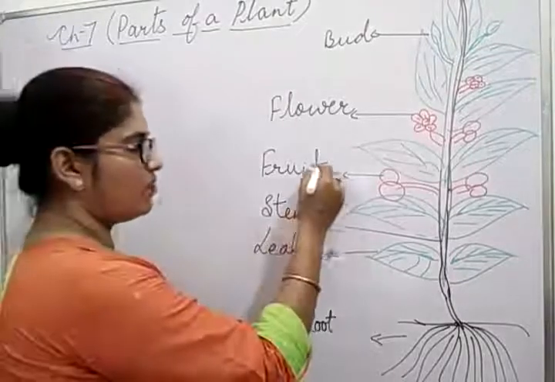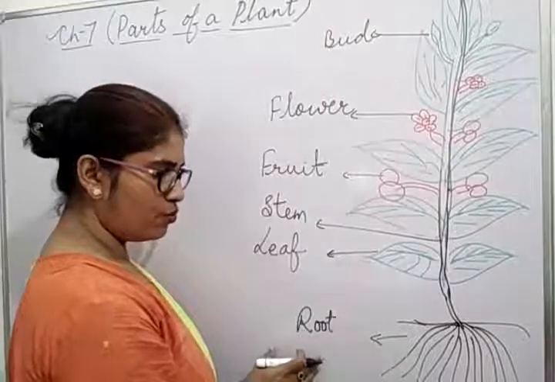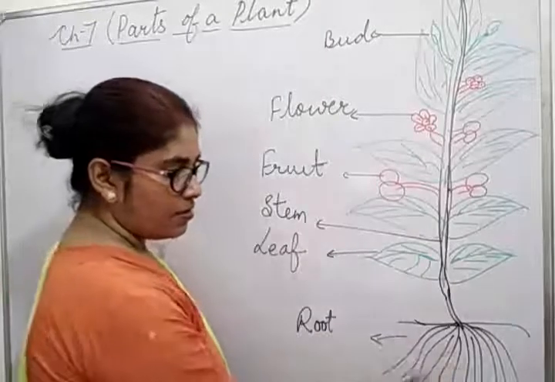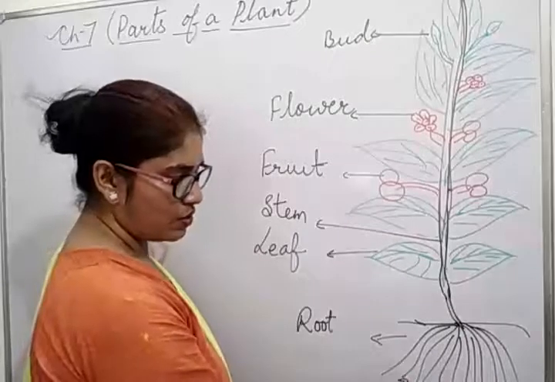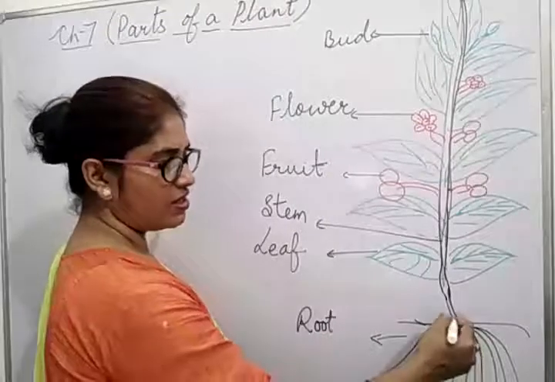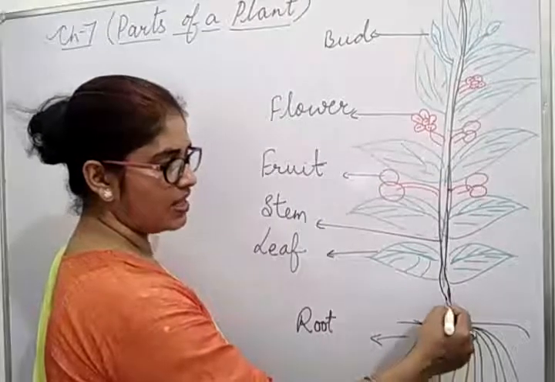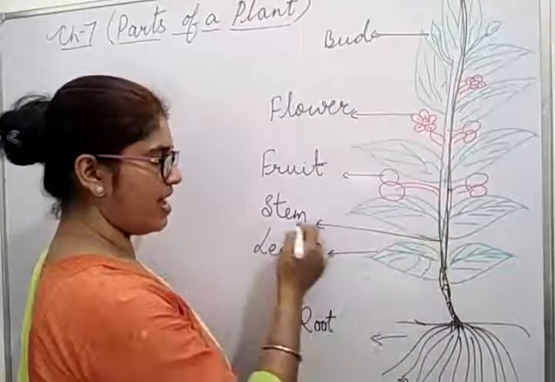What are these parts of a plant, beta? The part of the plant which grows under the soil is the root. By the root, plants absorb water and minerals. So we can see the roots here. Then after this, water and minerals go into the stem, and the stem carries that water and minerals. So this part is called the stem.